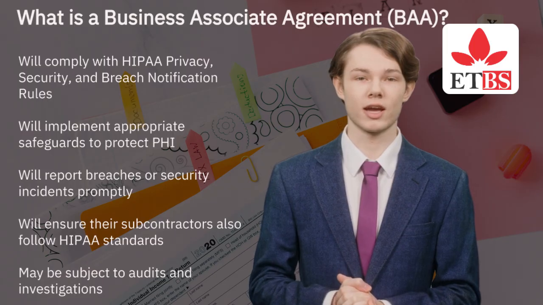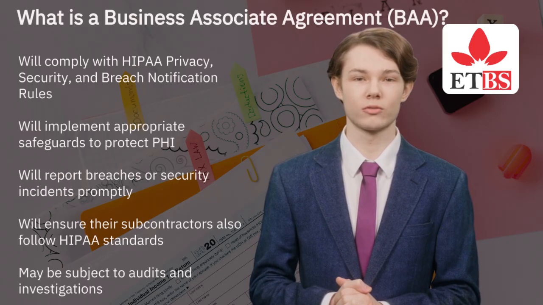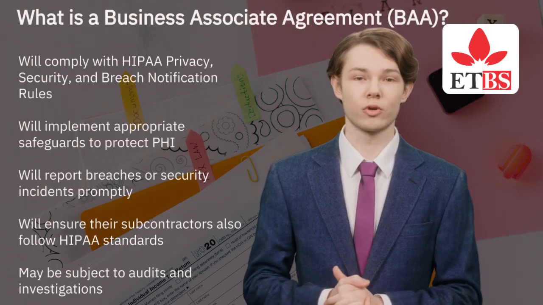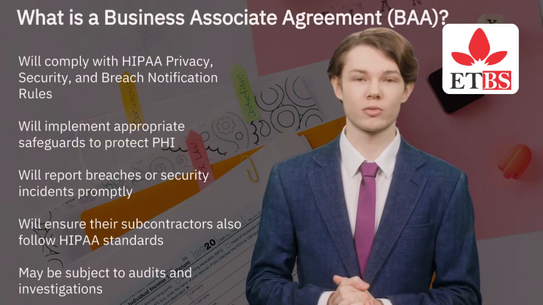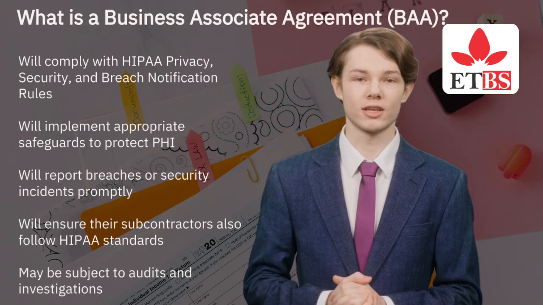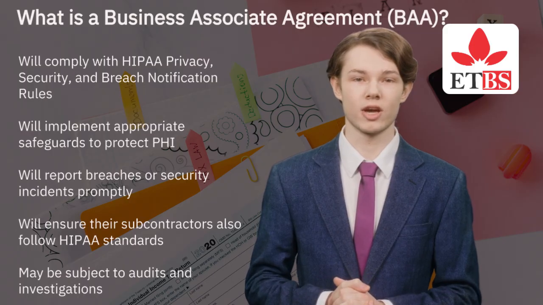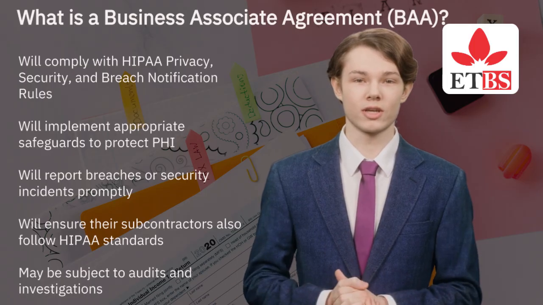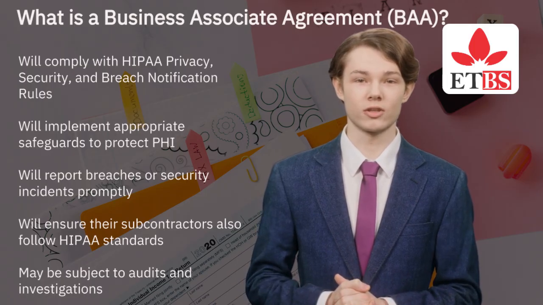It ensures the BA will comply with HIPAA privacy, security, and breach notification rules, will implement appropriate safeguards to protect PHI, will report breaches or security incidents promptly, will ensure their subcontractors also follow HIPAA standards, may be subject to audits and investigations, and may face liability for violations of HIPAA. Without a BAA, a covered entity can be held liable for any violations by their third-party vendor, even if the covered entity didn't commit the violation directly.